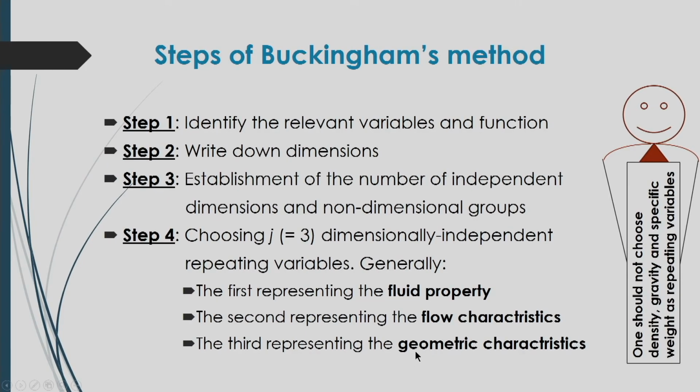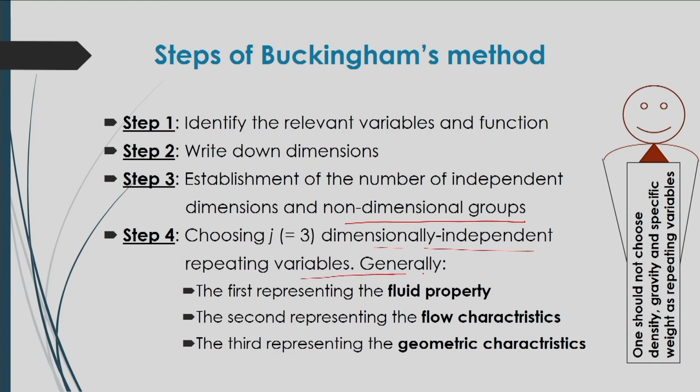Here also we can analyze this dimension by Buckingham method stepwise. Like step 1, you have to first identify the relevant variables and function, and then write down the dimensions, and then establish the number of independent dimensions and non-dimensional groups, and then at step 4 choose dimensionally independent repeating variables.